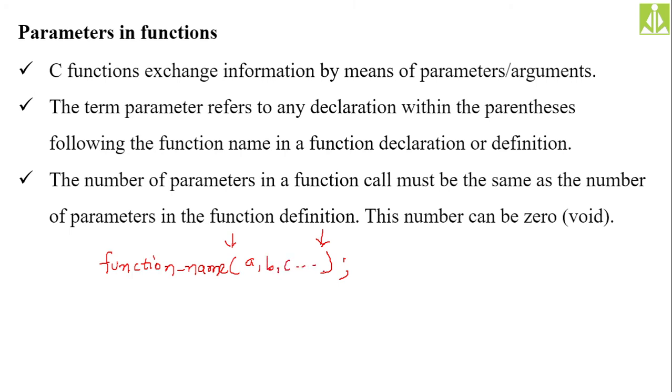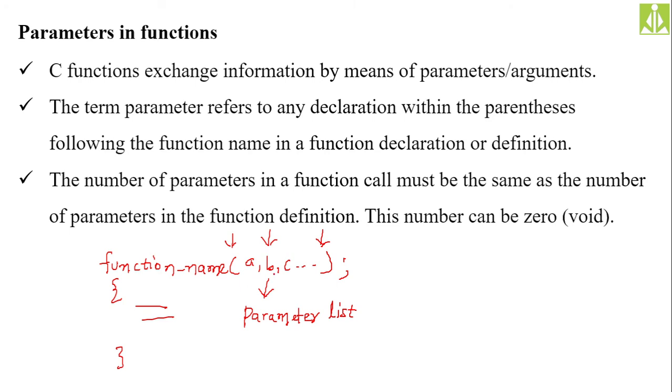All these values as a collection we call the parameter list. This parameter list is available to the immediate function block. Inside that function block you can access all these parameters.